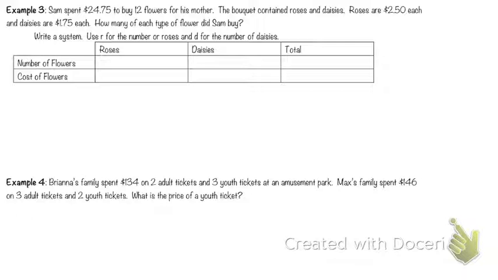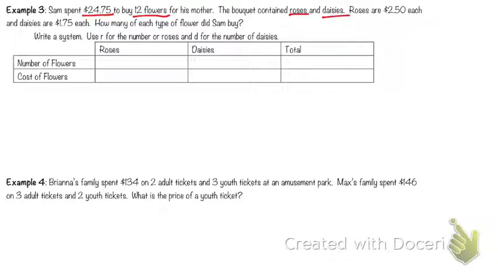All right. Now, key information, still important to know. Okay? Raise your hand if you have a piece of key information for me. Okay, Abby. The fact that he spent $24.75, that's important. Okay, Courtney. For 12 flowers. Okay, Alice.